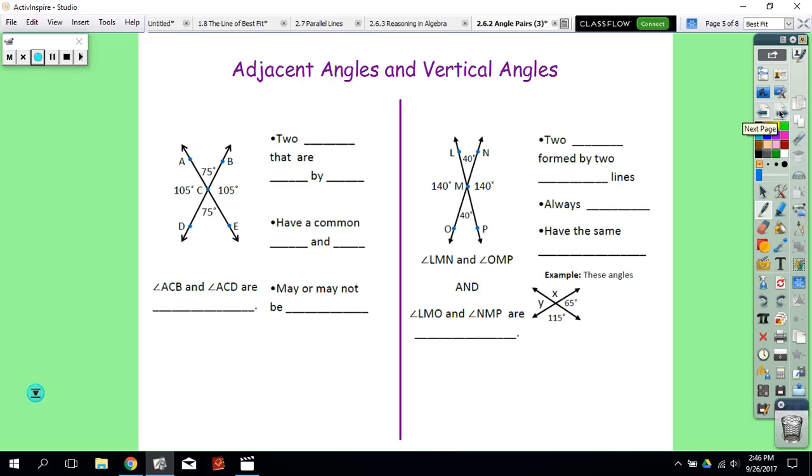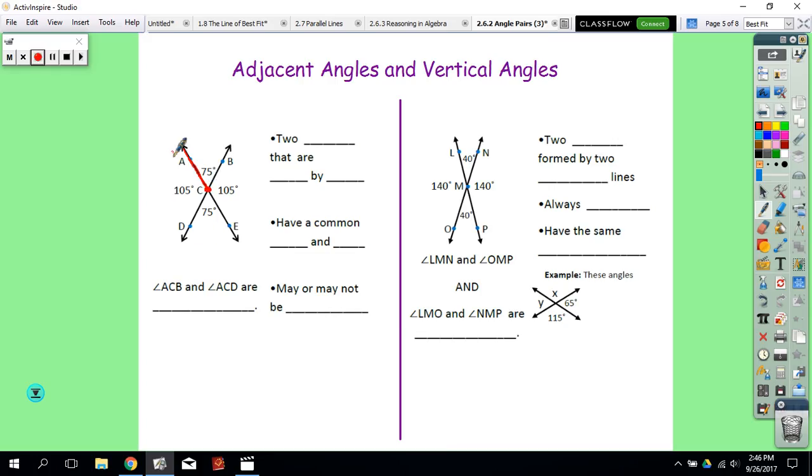All right, adjacent angles. We've talked about these a little bit. So you can think about adjacent angles as like two apartments in the same apartment building that are next door to each other. They have a wall that's in between them, okay? And adjacent angles have a common vertex and they have a common ray. So if you think about this is one apartment building and this is its neighboring apartment building, it's got the wall in between the two. So that's how you know that they're adjacent angles.